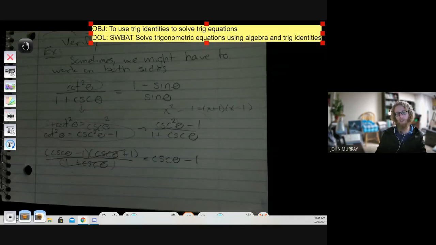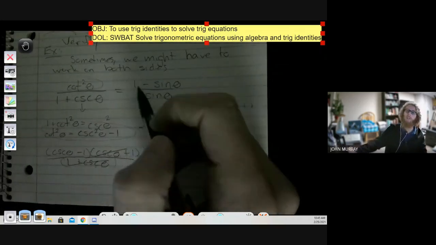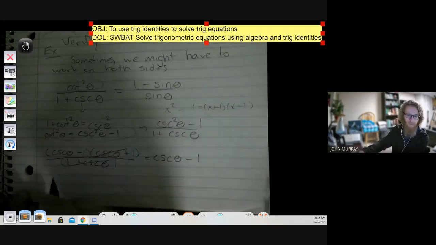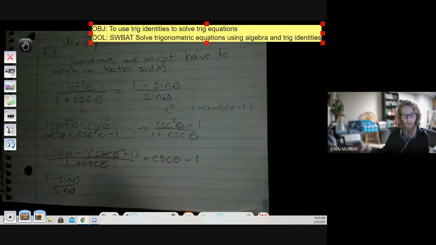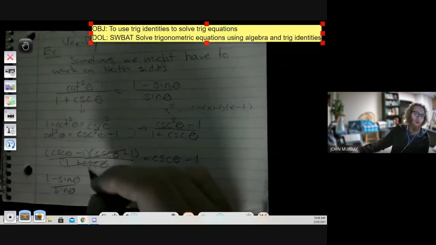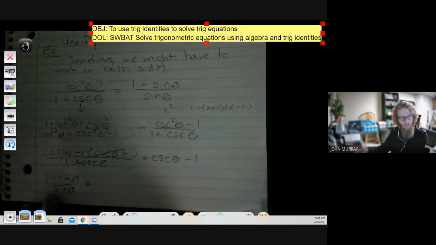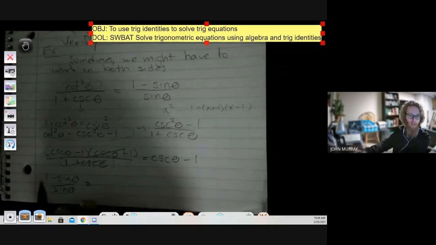I can show you how we do it, but let's now take a look at the right-hand side. I have 1 minus sine over sine. This is another tricky part that isn't always apparent right off the bat. If we have a fraction, and in the numerator we have different operations going on, but in the denominator we only have one thing happening, here our sine, we can split this as two separate fractions.